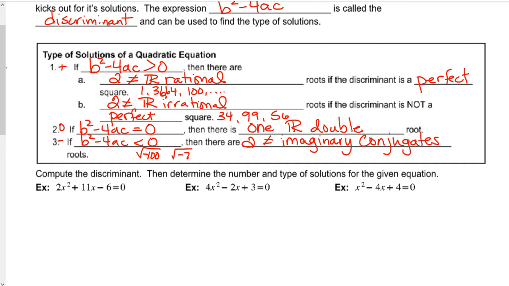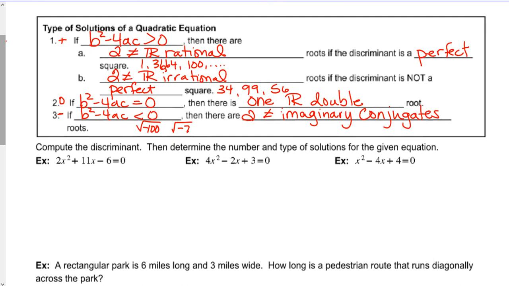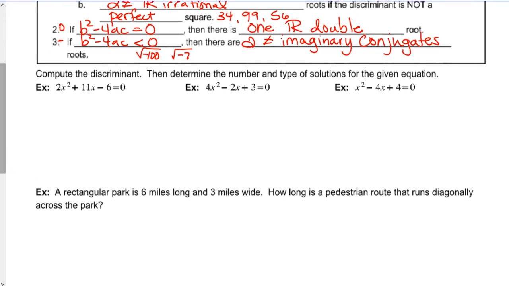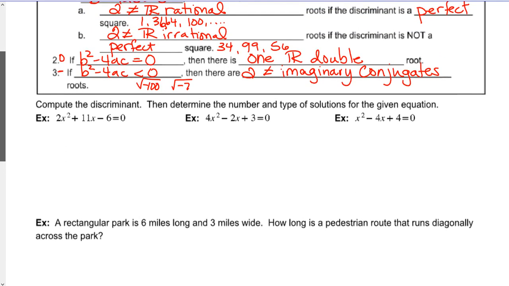So in the next 3 examples, and note, make sure the equation is equal to 0 on each one of these, just like with the quadratic formula, we need to determine what the discriminant is. And from that, we need to decide what kind of roots we get. And these would be our choices up here.